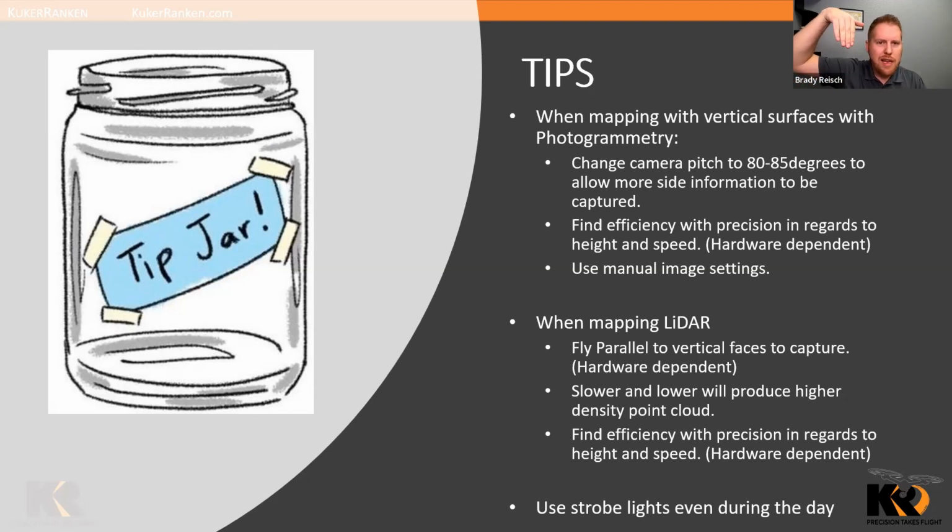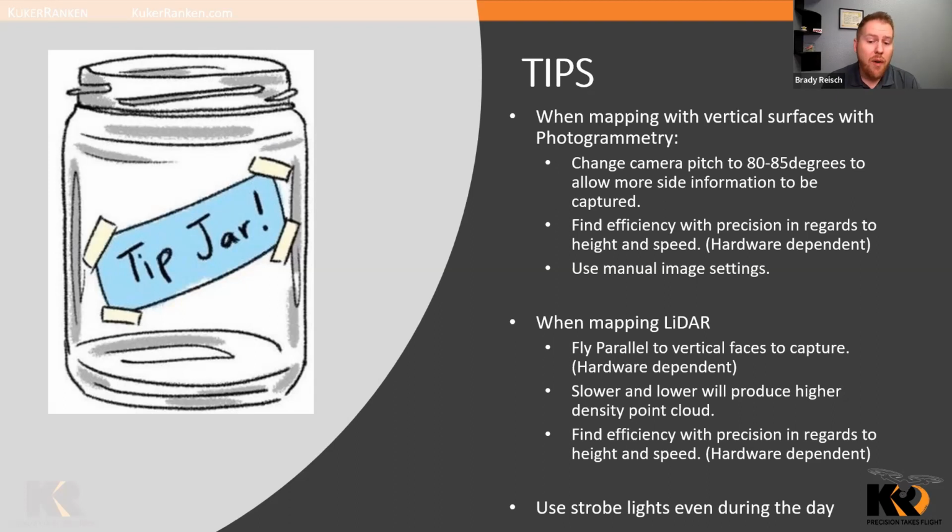We get really good capture of the roof. However, we don't get much side information on the building itself. So you have good ground, good roof, but it's kind of missing all the windows and all the walls on the outside. So if we just change our pitch just a little bit, about 5 to 10 degrees forward, we're gathering more of that side information, which allows us to create a better model or a better map.